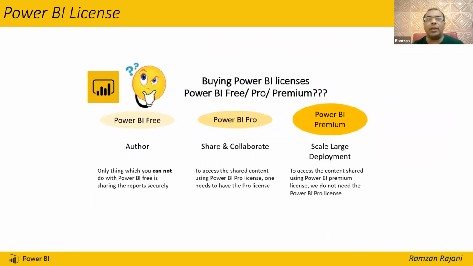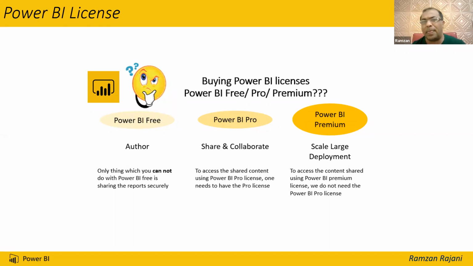Now there are some licenses, friends. One is the free license, which everybody likes. You can download Power BI, create text and charts, and have free hands. But while publishing, Microsoft says if you want to share and collaborate with other people, give me the money. That is $9 per user.